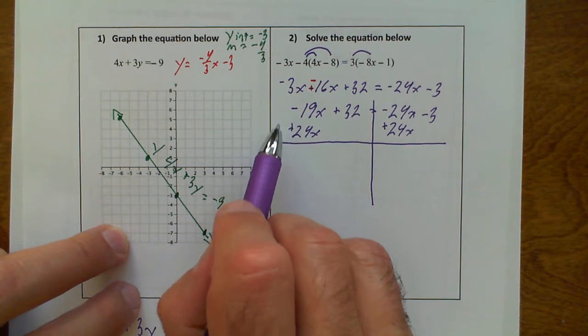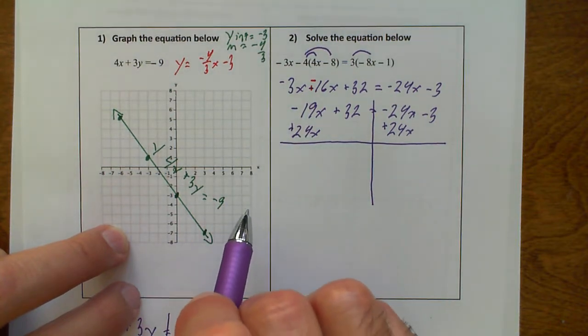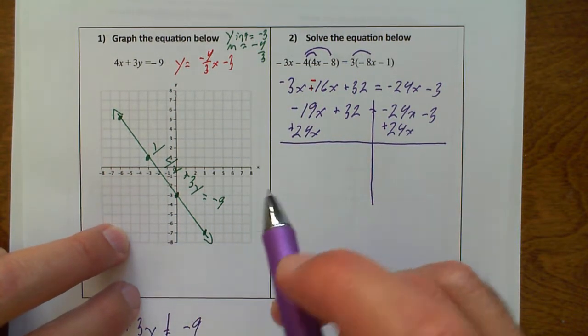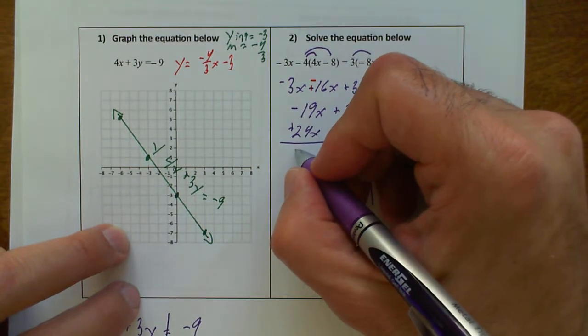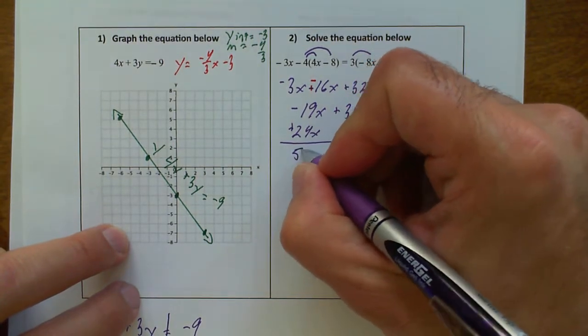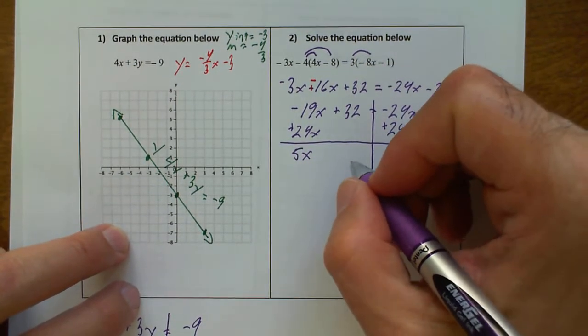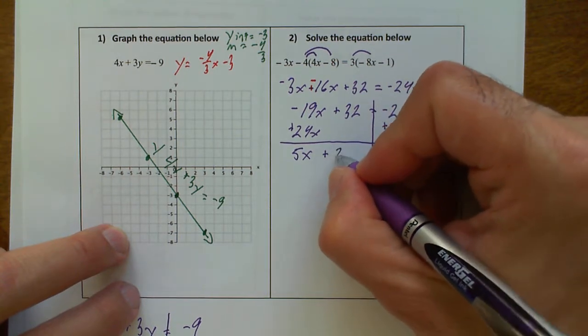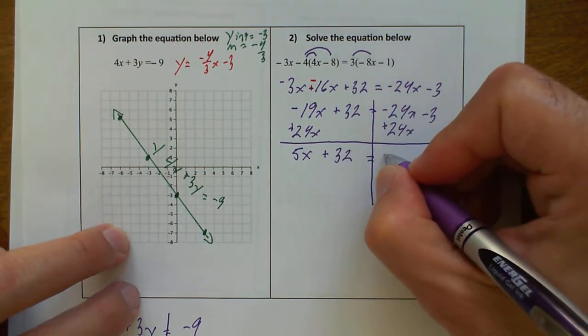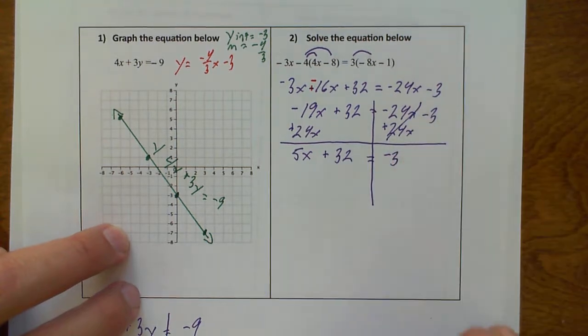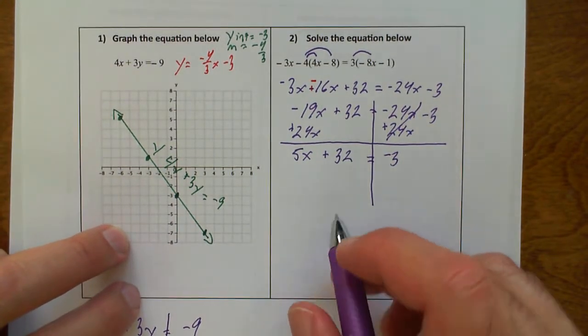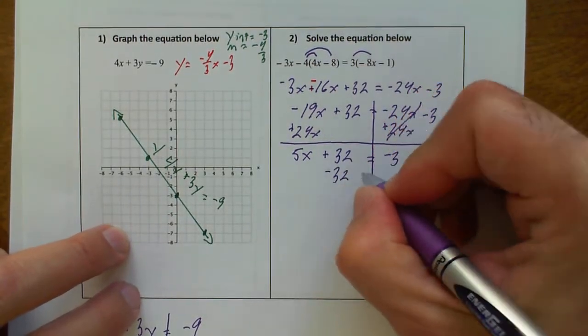Because these signs are different, we subtract. So 24 minus 19 is going to be positive, because you have more positives. Positive 5x plus 32 equals negative 3, because that goes away. Now to get x by itself, I take away 32.